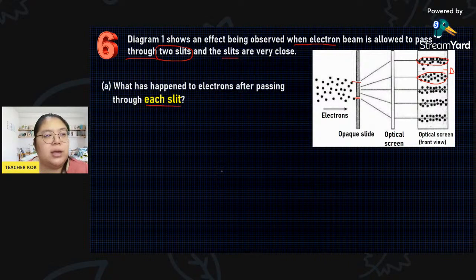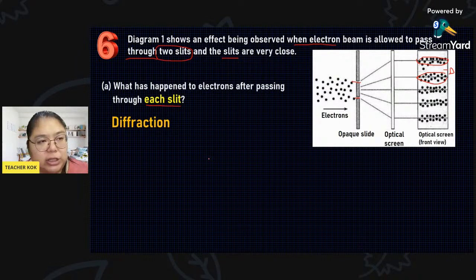Okay, from here, the answer is diffraction. Remember, single slit is diffraction. With a double slit, just like the diagram, there's an interference.